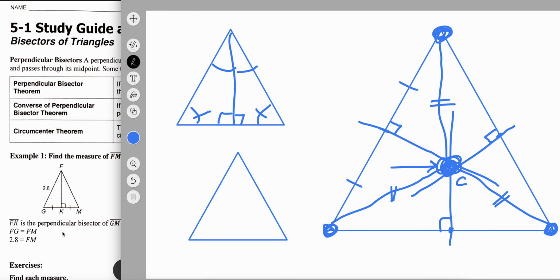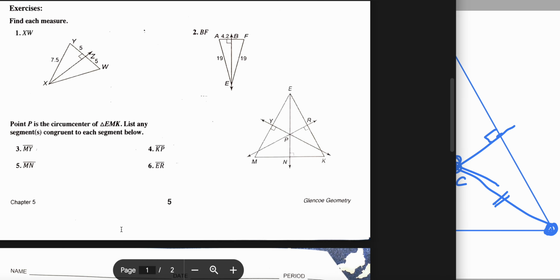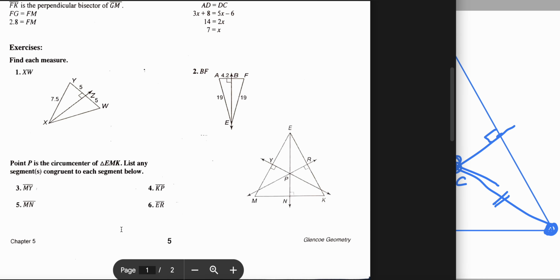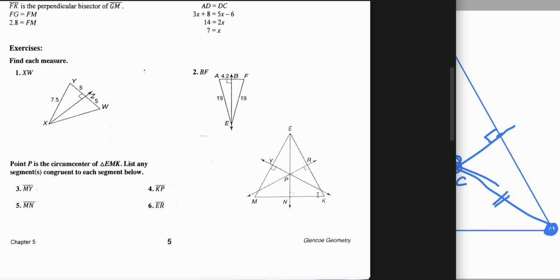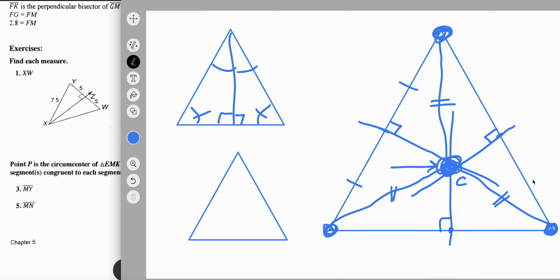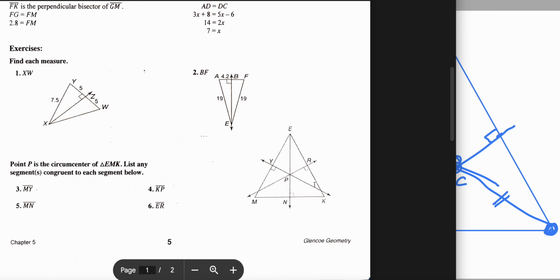Okay. So we're looking down at this problem, and we're given the fact that P is the circumcenter of the triangle EMK. If that's the case, then we know some things about this triangle. First of all, we know that YK is a perpendicular bisector of EM.